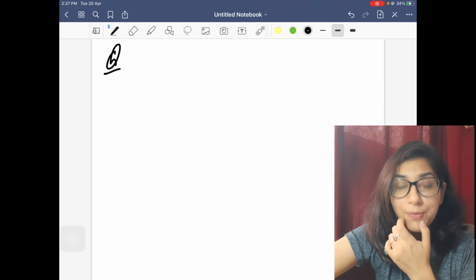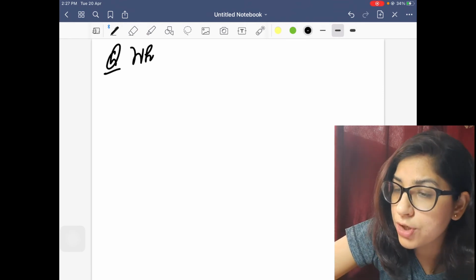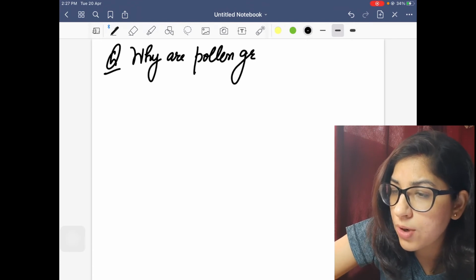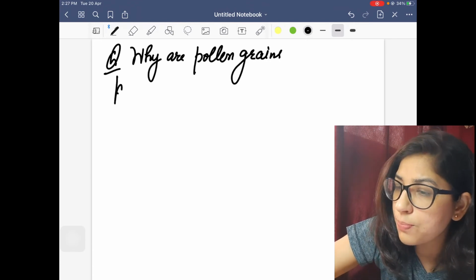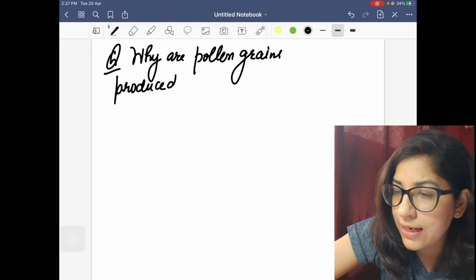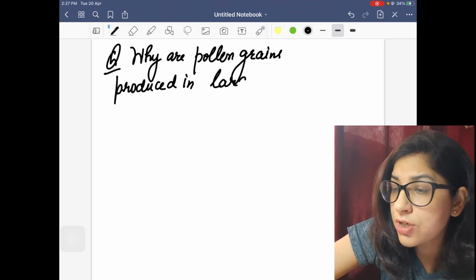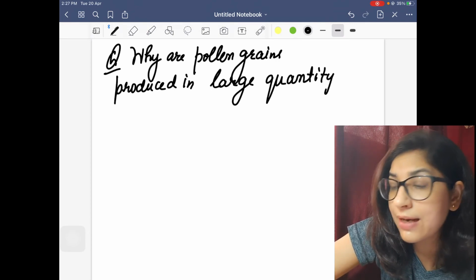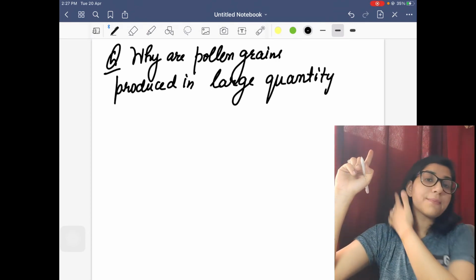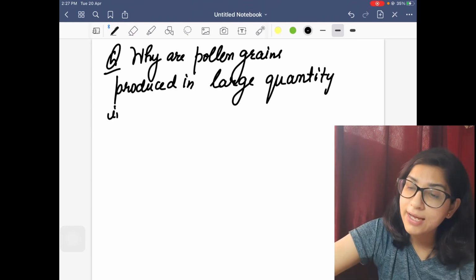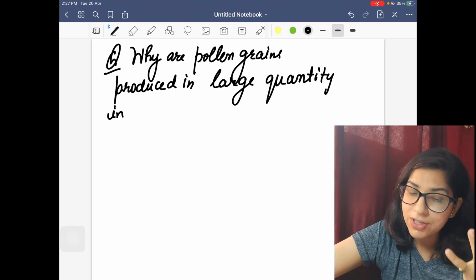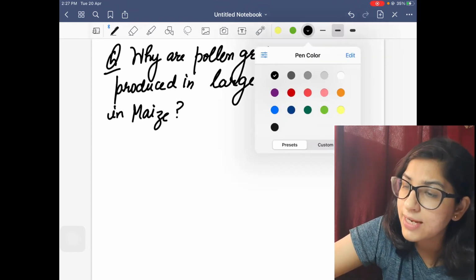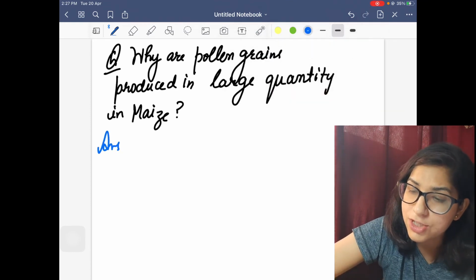Why are pollen grains produced in large quantity? I have given 4 examples of anemophilous plants in my video; here I am giving maize.